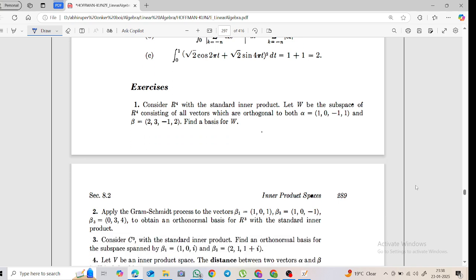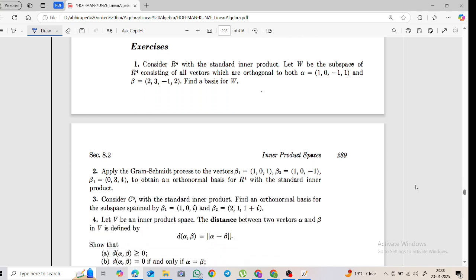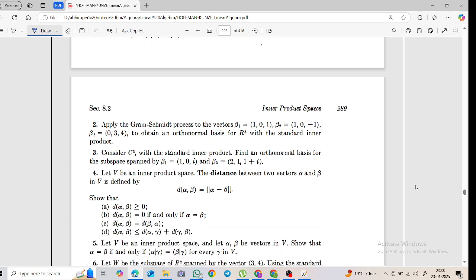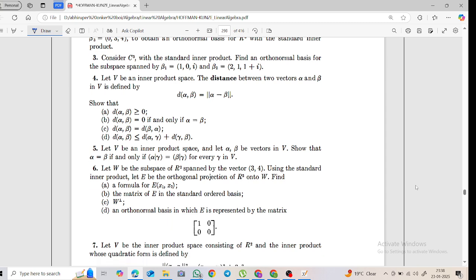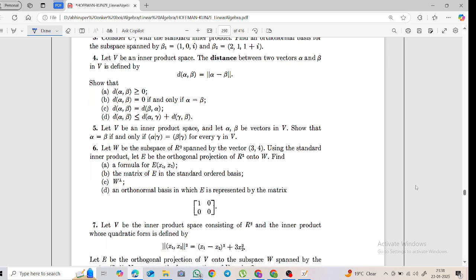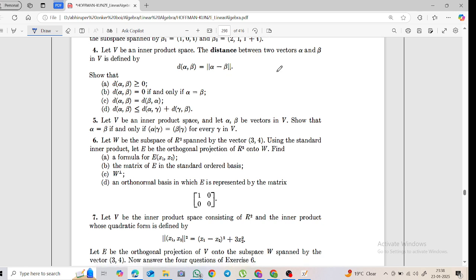Find a basis. The distance between two vectors, this is standard now. By norm, they are defining a metric. Okay. You have an inner product, alpha inner product beta.